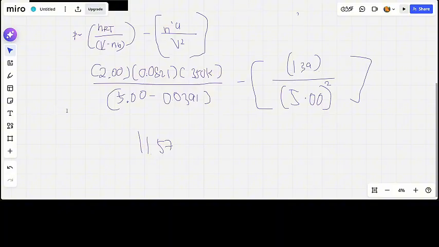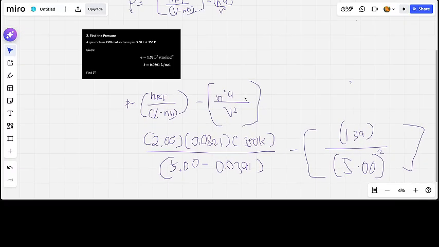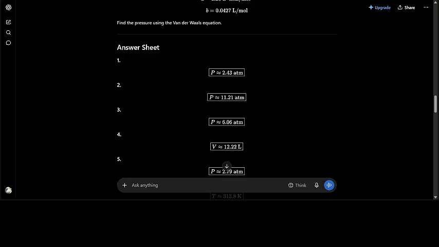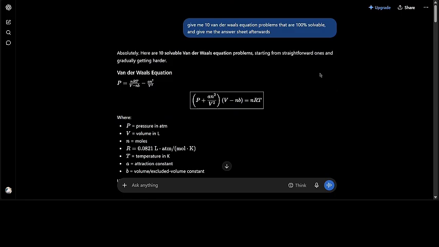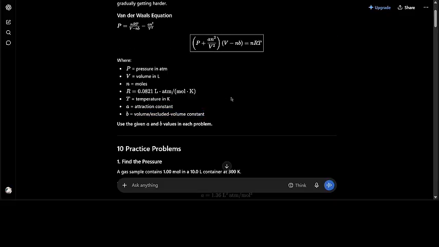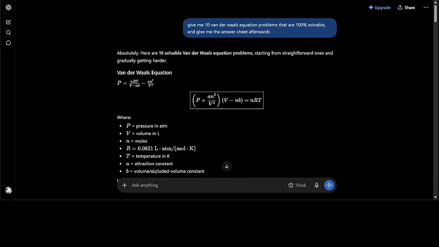What's our H1? Still not working. I must be doing something wrong. I really must be doing something wrong. I did every single thing correct though. I have n here, 2.00 times R 0.0821 times 350. 350 is the temperature.